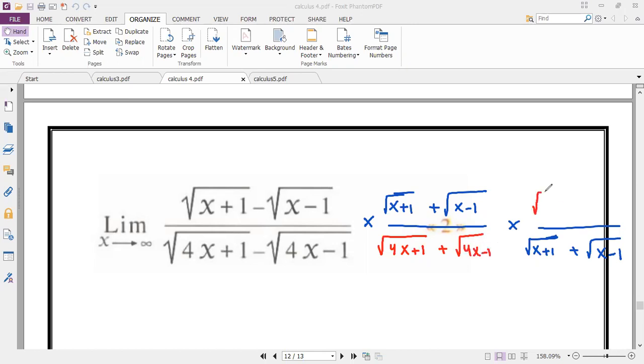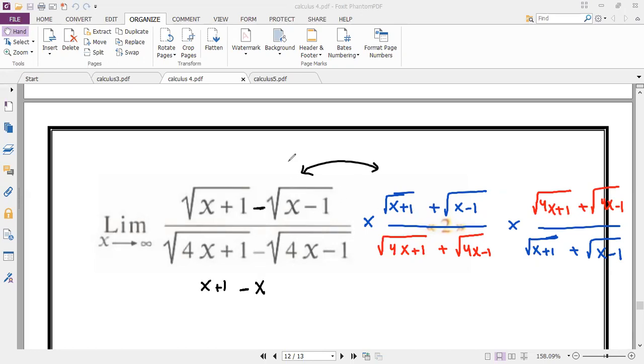And at the top, it's the square root of 4x plus 1 and here plus the square root of 4x minus 1. Then multiplying them, we can multiply them easily. It's x plus 1 and minus x minus 1. It will be negative x, okay, because we have negative here.